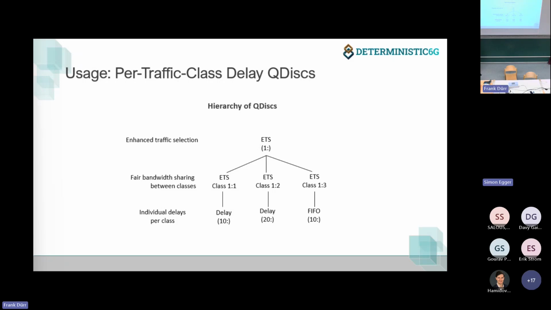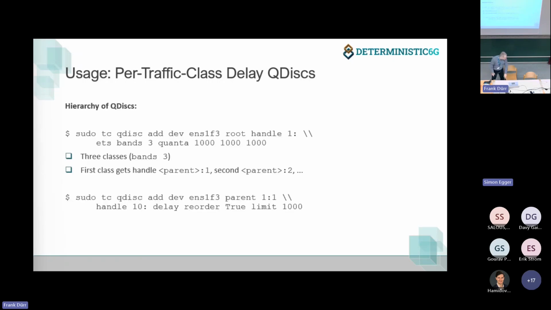So you can do that and combine it with any other QDisk that you find. And Linux comes with a lot of QDisks. I don't want to talk too much about QDisc for Linux. I want to show our tool. But you can build a hierarchy of QDiscs. We don't do that now in our little demo, but this is how you would do it. You need to have a root QDisc, and then you put the other QDiscs underneath. Quite intuitive. Not in terms of syntax, I admit that. I give you that the syntax is not very intuitive.